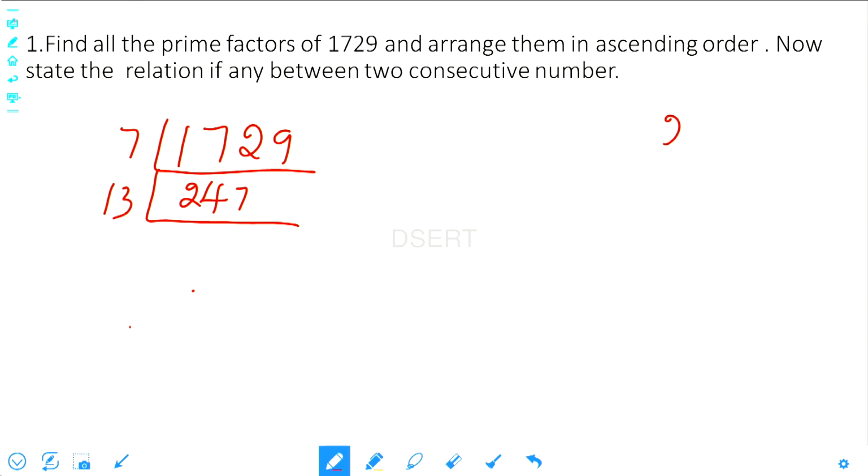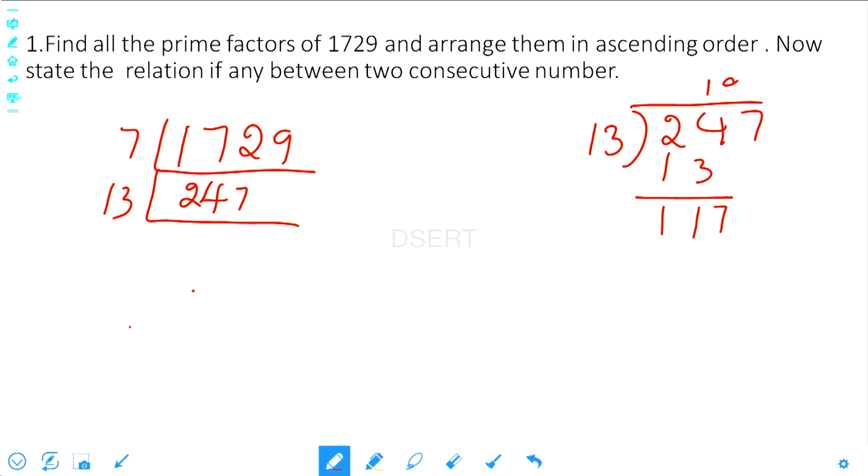See, 247, 13 1s are 13, 24 minus 13, 11, take 7 down. So, 13 9s are 117. So, write here 19. 19 1s are 19.